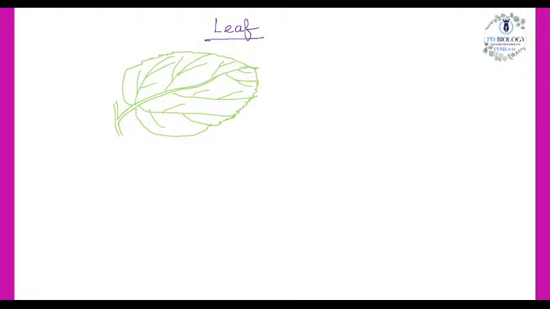Here you see this part is the axillary bud, and this broad part is called the lamina.